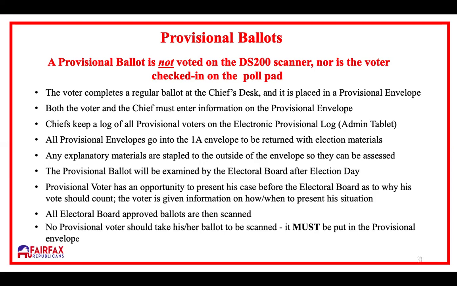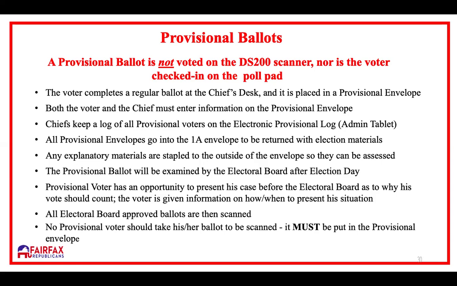And if there's additional information about why the person is voting a provisional ballot, it could be that there was a court order saying certain precincts can stay open past 7 o'clock because there was flooding in the area, or a very big car accident that prohibited people from physically getting to the precinct by 7 o'clock.